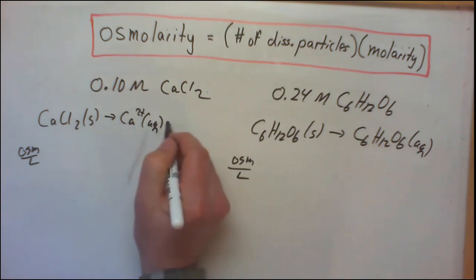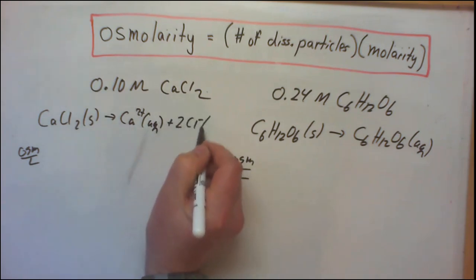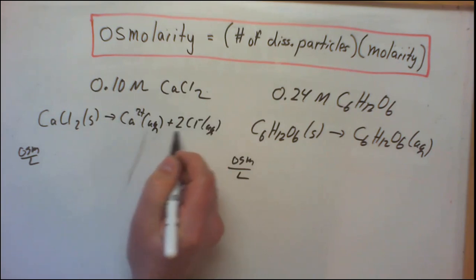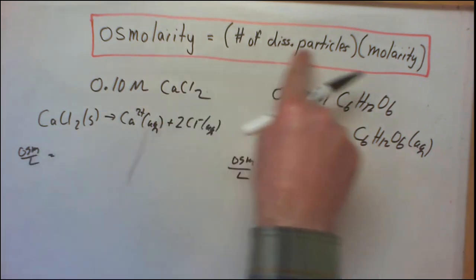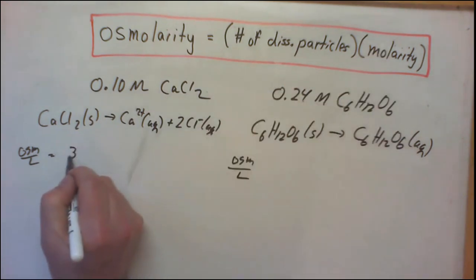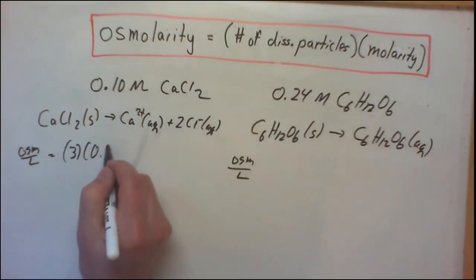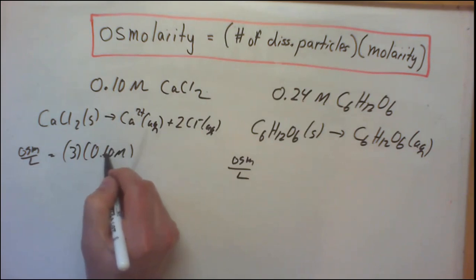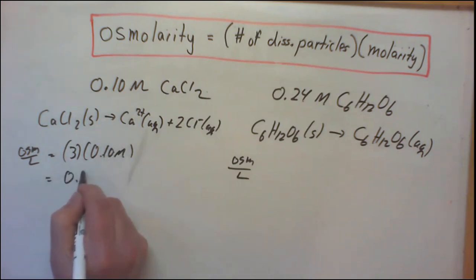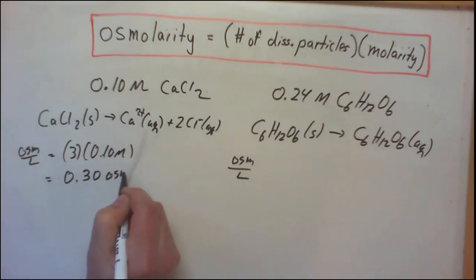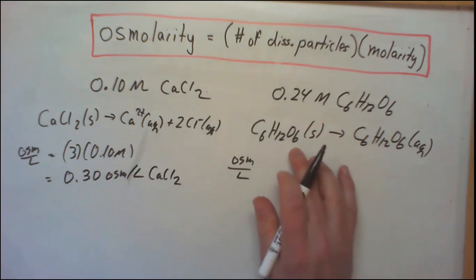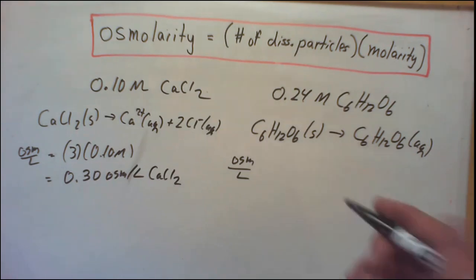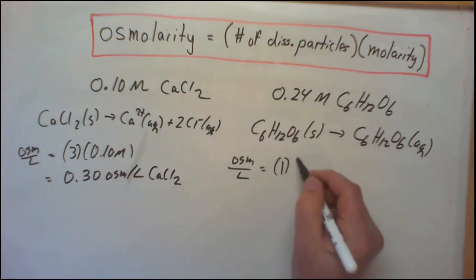But we need two chloride ions to have a balanced equation. Notice that calcium chloride breaks apart into 3 particles. So its osmolarity will be 3 times the molarity of 0.1. It gives an osmolarity of 0.30 osmoles per liter of calcium chloride. For C6H12O6, as we saw before, it's a molecular compound, so its osmolarity is always the same as its molarity.